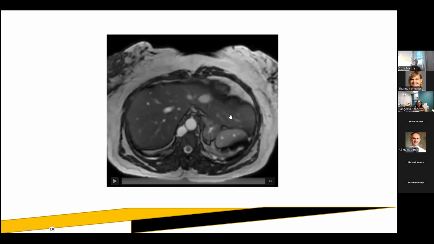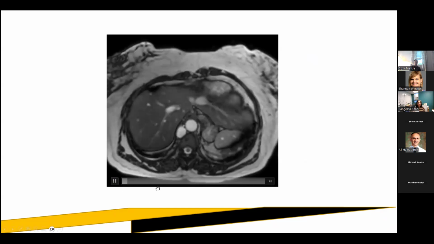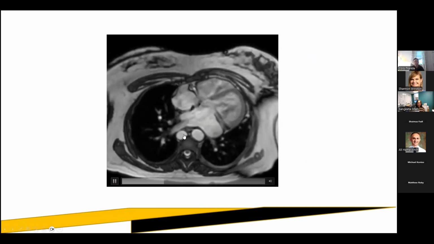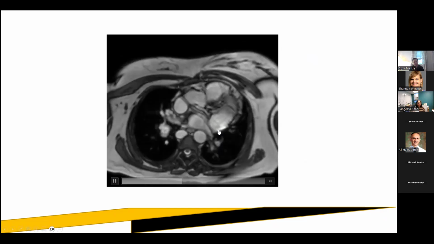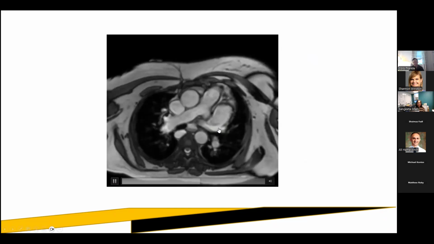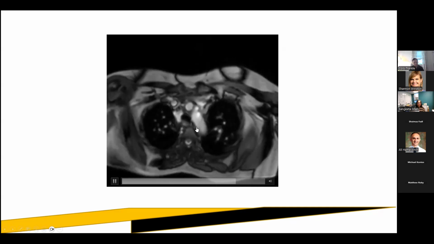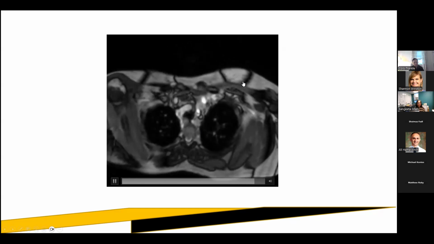I'm going to play this. We've played a couple, so the liver's here. What you're going to notice is here's the aorta, but you have this huge dilated vessel here. I'm going to play it once more.